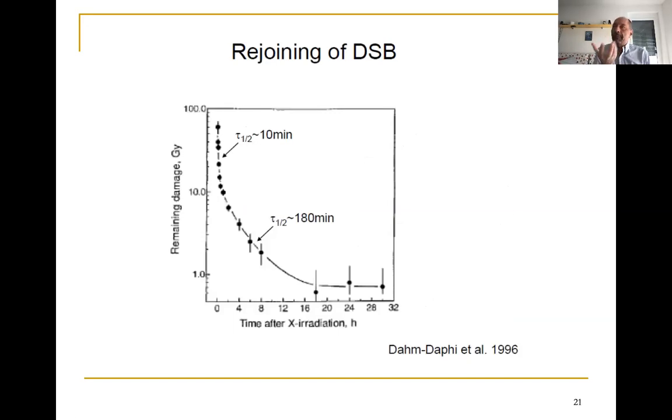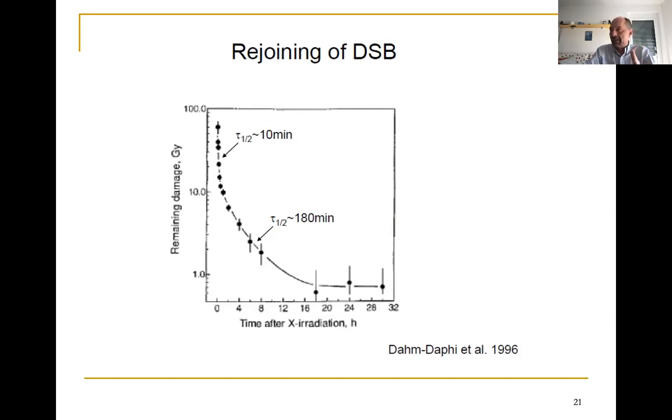How do you see the repair? Of course, you can measure the rejoining. So you can see how many pieces you have at the beginning and how these pieces are rejoined. These are, again, very old data from gel electrophoresis in the 20th century, before the discovery of H2AX. But the shape of the kinetics is similar and is generally a double exponential.